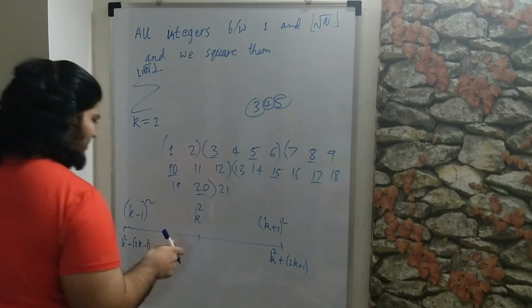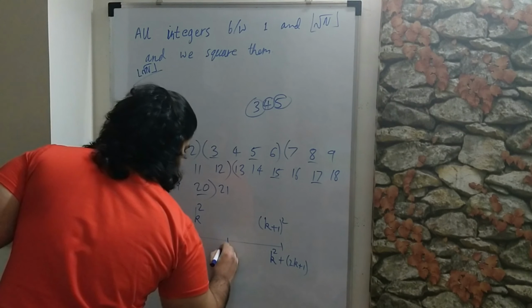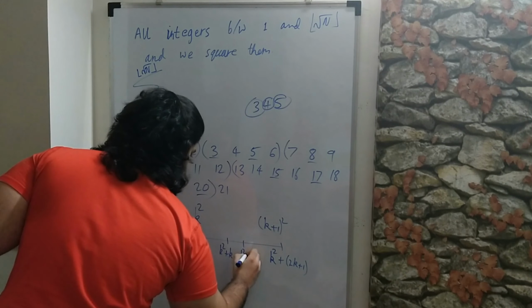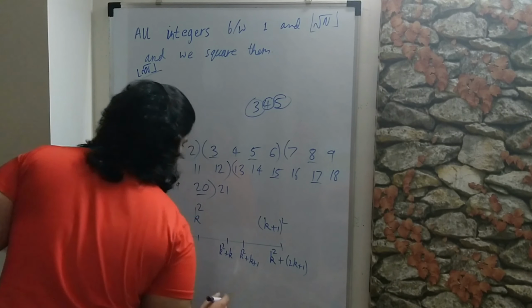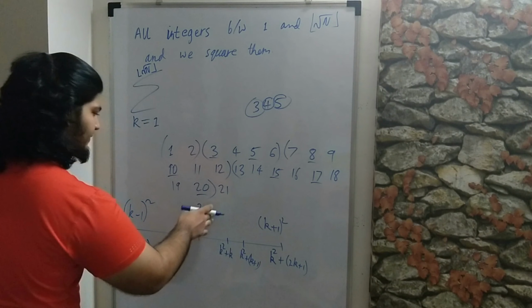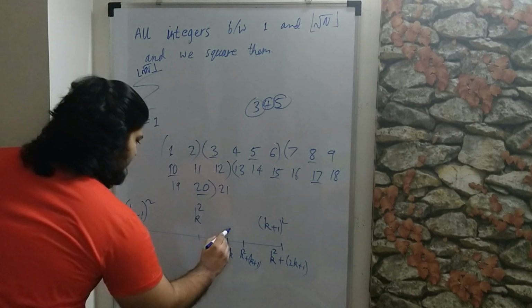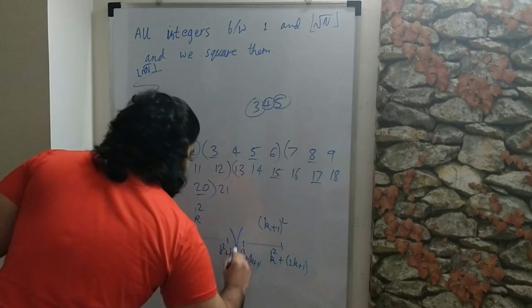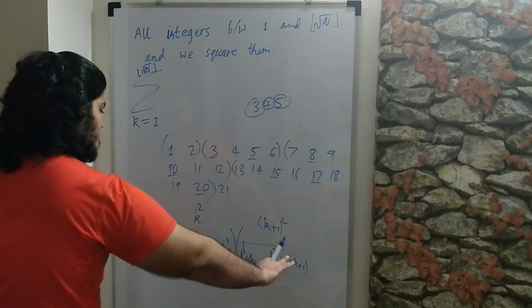So you can already intuitively see that if you have k square plus k over here and k square plus k plus 1 over here, somewhere between k square and k plus 1 square, then this side will belong to k square and this side will belong to k plus 1 square.